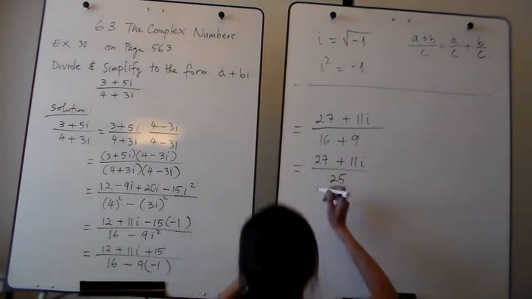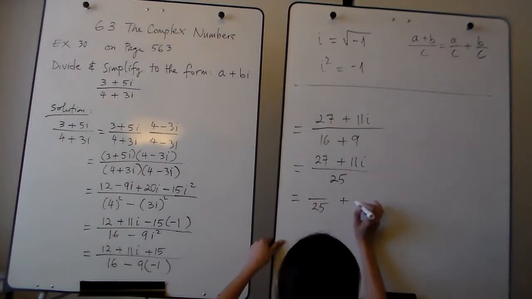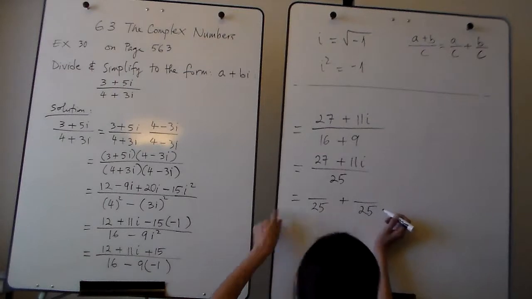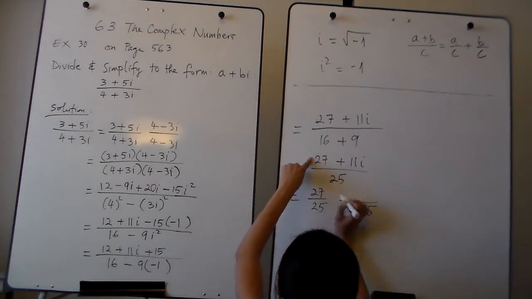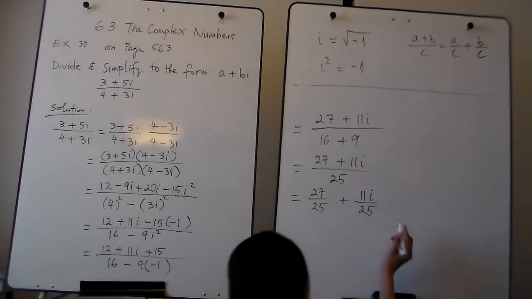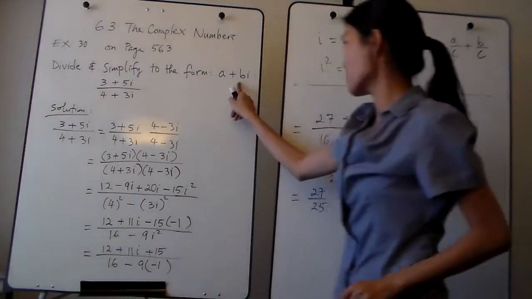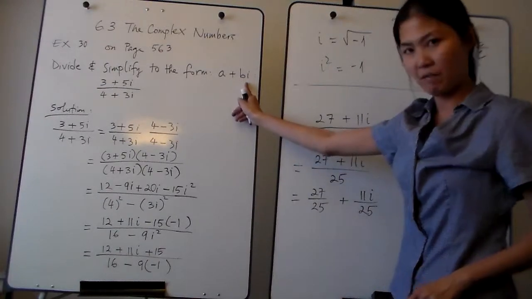I'm going to use this formula, one quotient split into two fractions. So we have 27 over 25 plus 11i over 25. You're not done yet because usually we want to write the coefficient in front of the i.